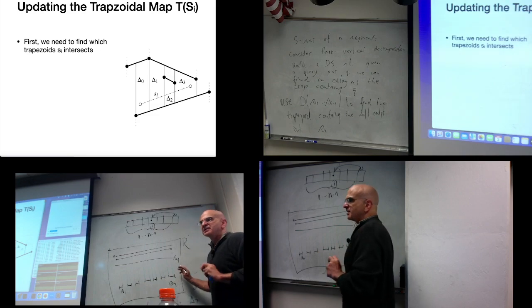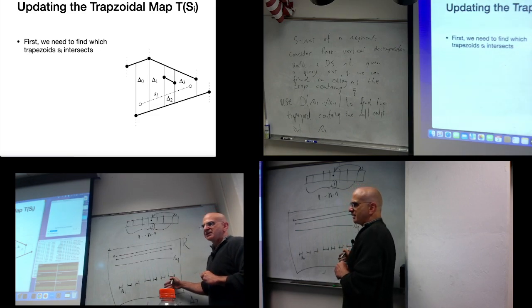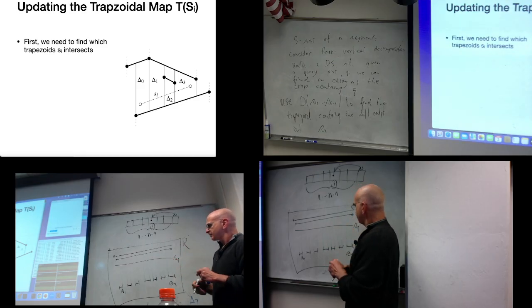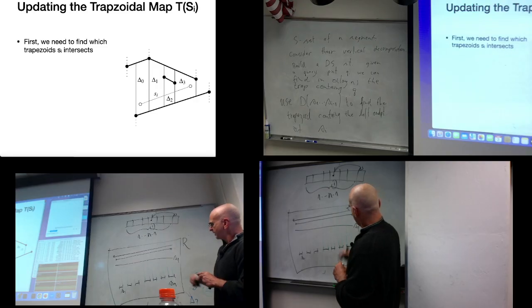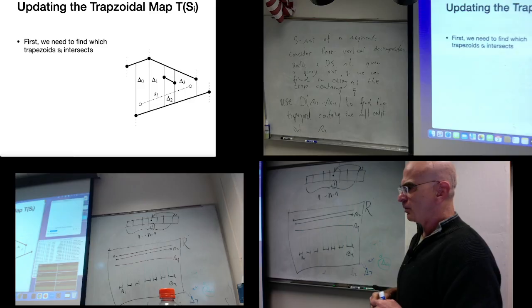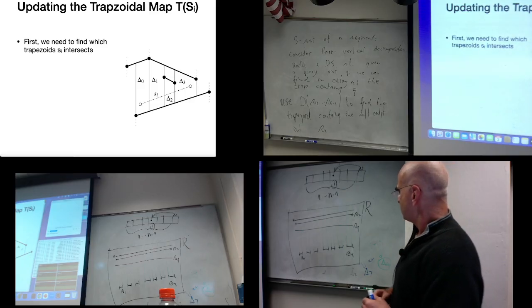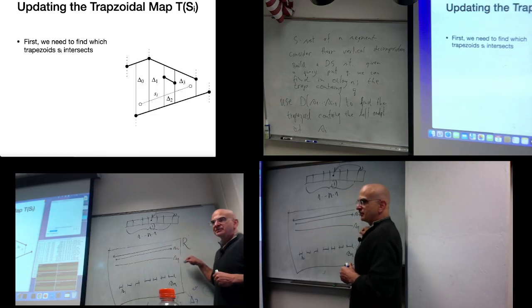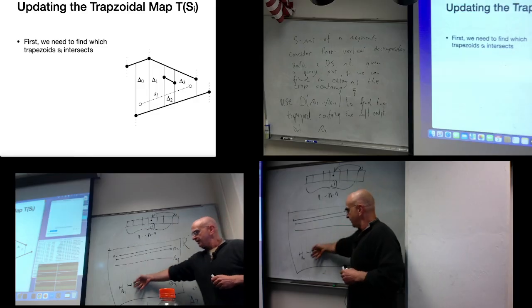All these small guys are still in the game. I'm not playing with them in this example. S1 is in the game, that was the first long segment that I added. And now I'm adding S2. What are the trapezoids that S2 crosses? Does S2 cross all these trapezoids that I had from all the small segments?